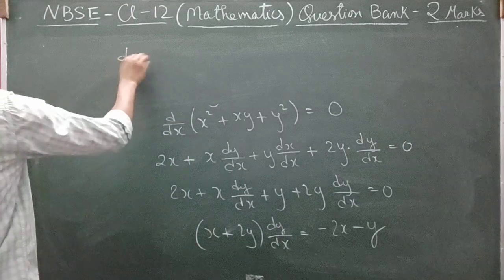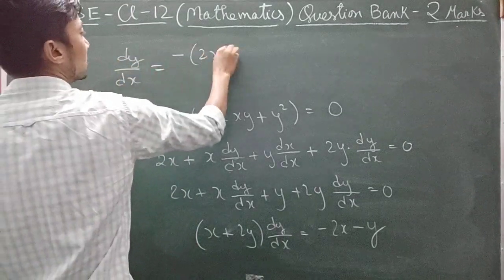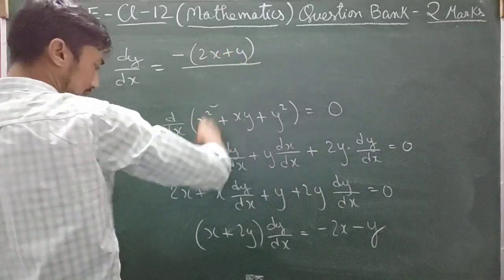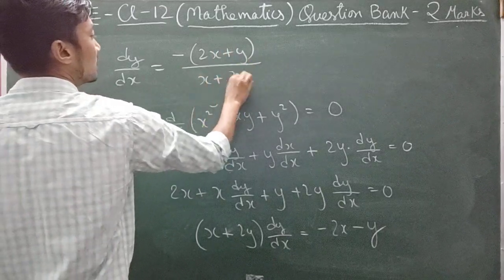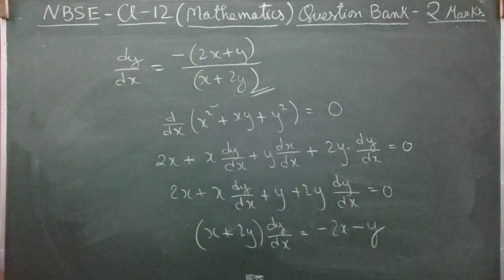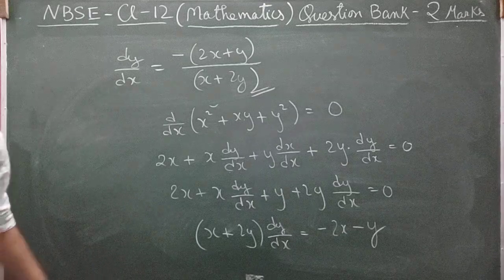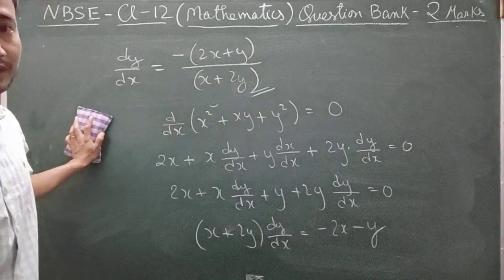So dy by dx can be written as minus common, 2x plus y divided by x plus 2y. So that is your solution: minus of 2x plus y upon x plus 2y. Okay, alright, done.